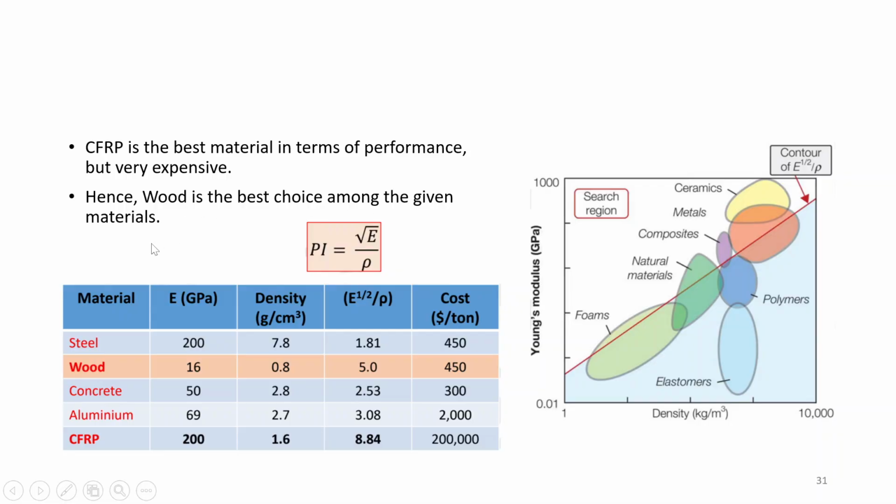For steel, E and density are 207 and 8, for wood 16 and 0.8, and for CFRP 200 and 1.6. So the under root E upon rho you are getting is the highest for CFRP, and for wood it is a little bit lower, but its cost is only 450, while for CFRP it is around 2 lakh dollars per ton.